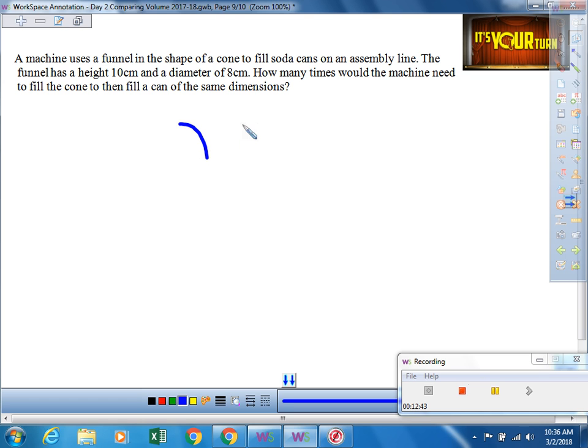So, here's the funnel, right? Here is the cylinder, the soda.